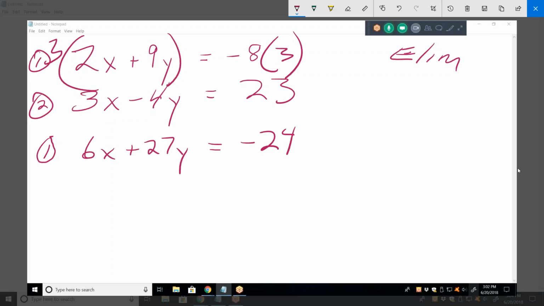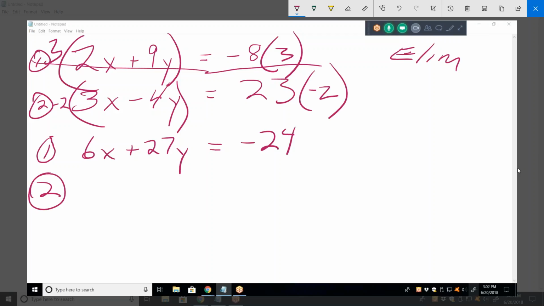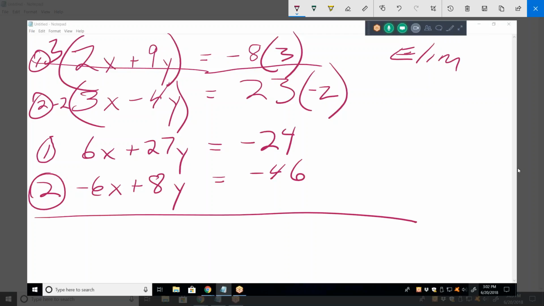And the bottom one I'm doing by -2 because I want to be able to add these two equations when I'm done. So it'll be -6x plus 8y equals -46.